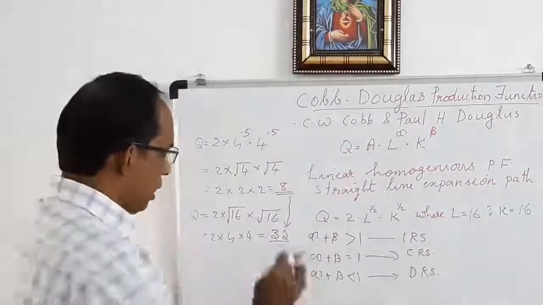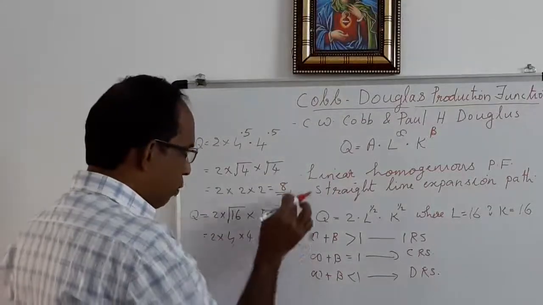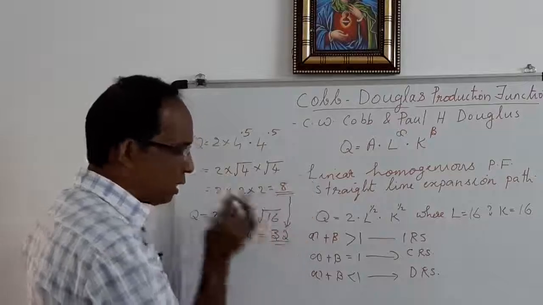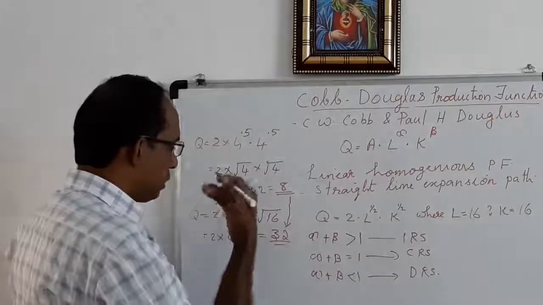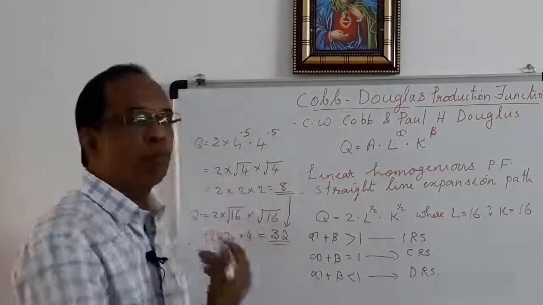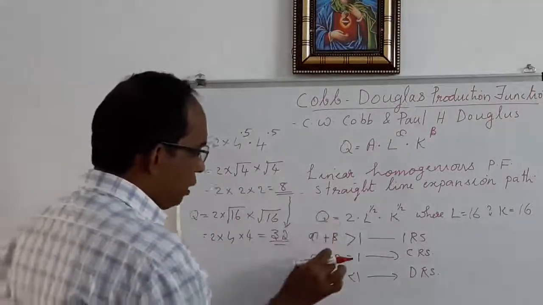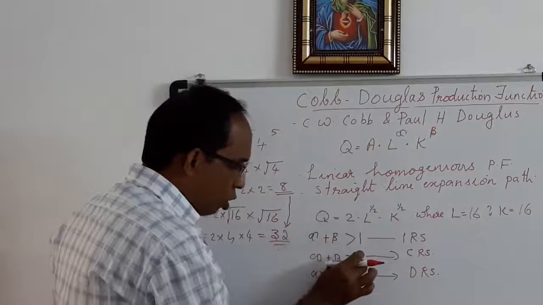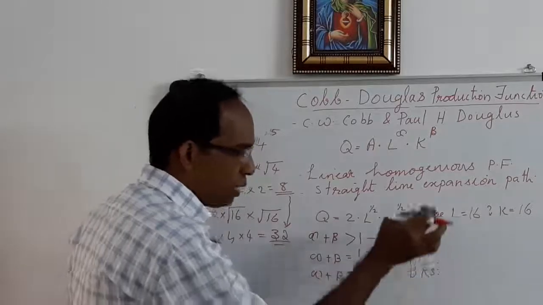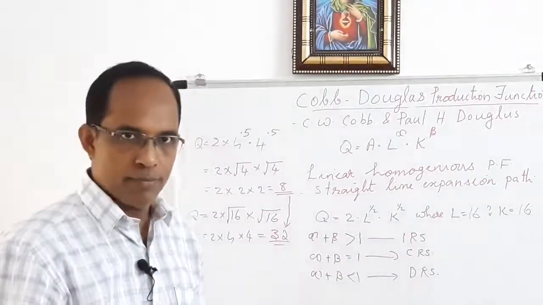That means the output increased from 8 to 32 when we increased the inputs in the same proportion. When the sum of alpha and beta is equal to 1, the firm may experience constant returns to scale.